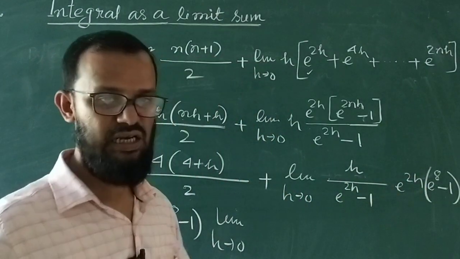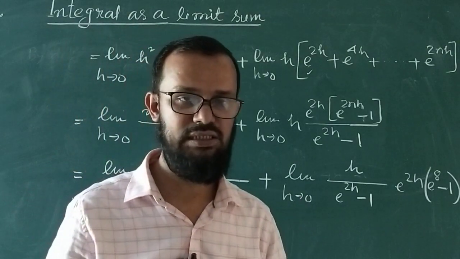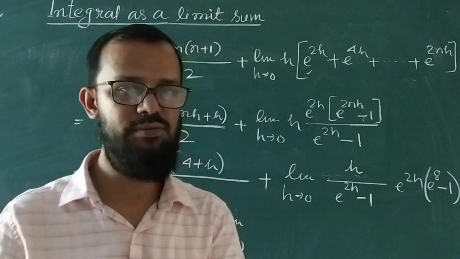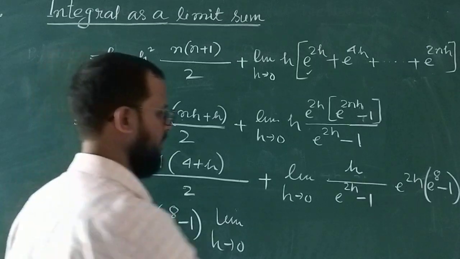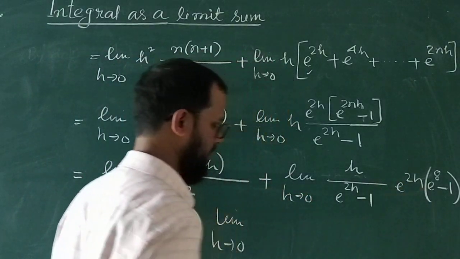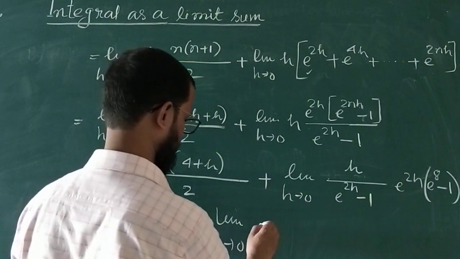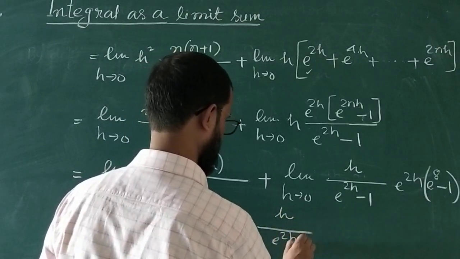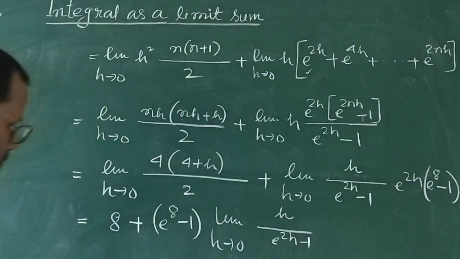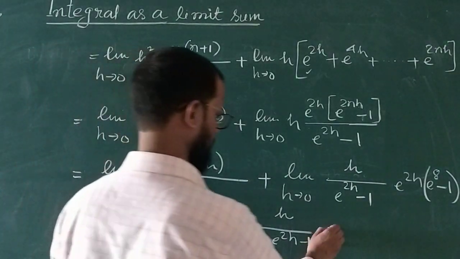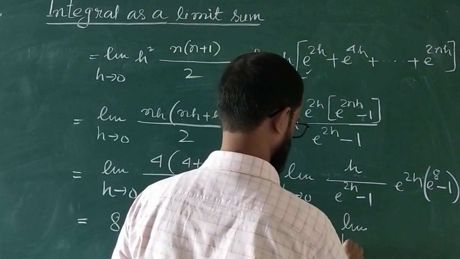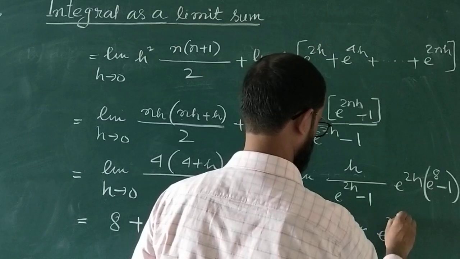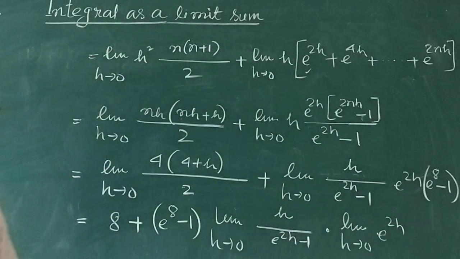You know that limit f(x) into g(x) can be written as limit f(x) into limit g(x). Limit can be separated if there are two functions in product. So limit h tends to 0 of h by e to the power 2h minus 1, into limit h tends to 0 of e to the power 2h. These two limits can be separated.